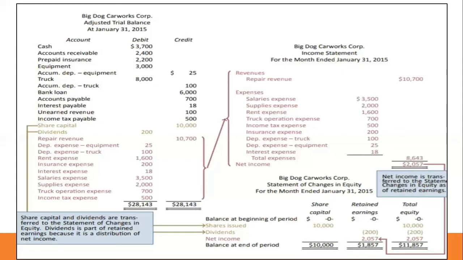So we made use of that amount there in our next statement. And after the statement of changes in owner's equity, the next statement that we're going to be generating would be the balance sheet. So that is how we use the information of the adjusted trial balance to generate our financial statements.